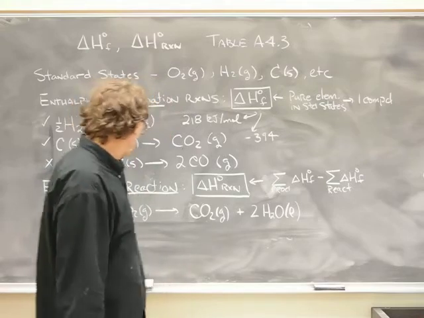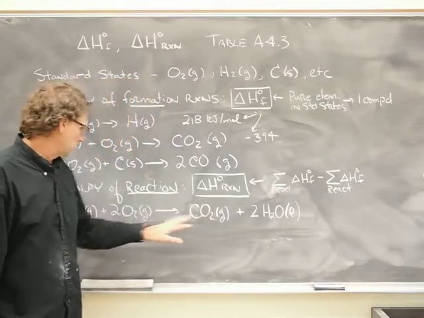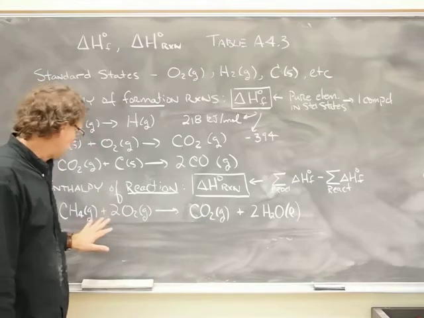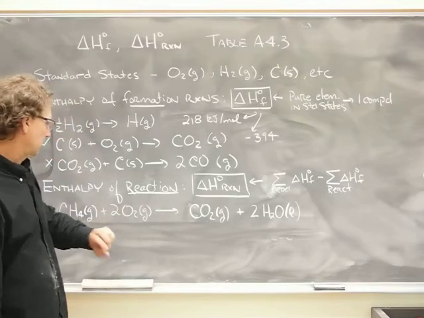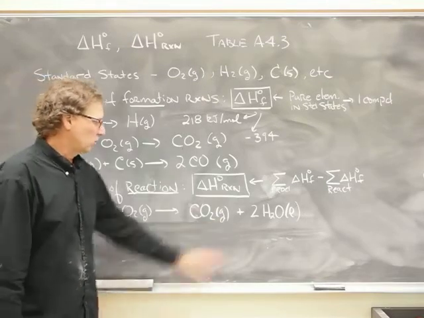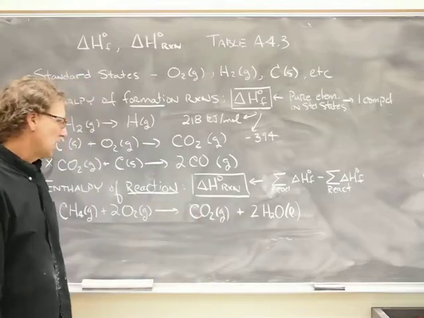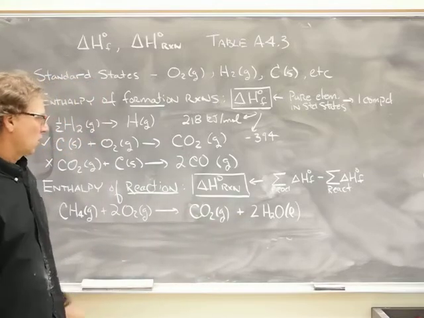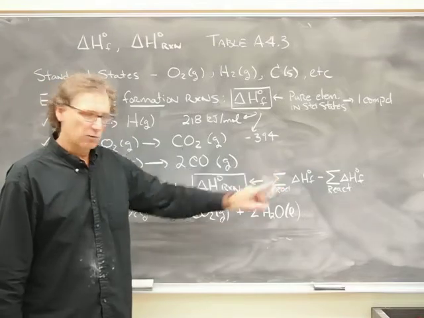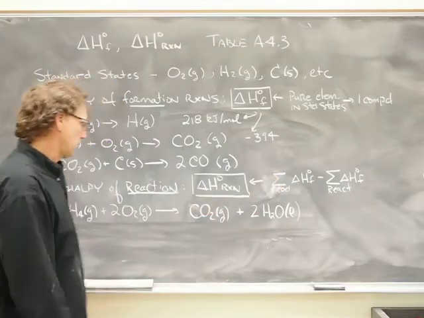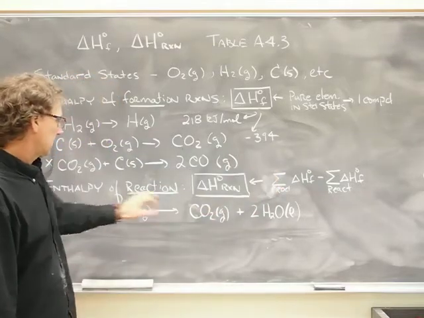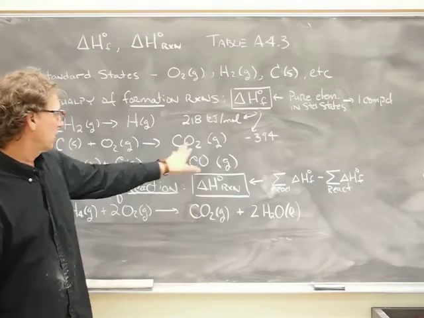So I have a separate example here for you. This is the combustion of methane. Methane combines with molecular oxygen to make CO2 and water in its liquid state. First, I'm going to write down the delta H naught of formation of each one of these. We've already got CO2. We already looked that one up.